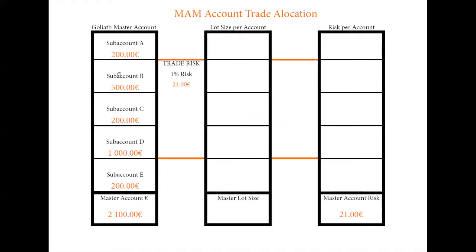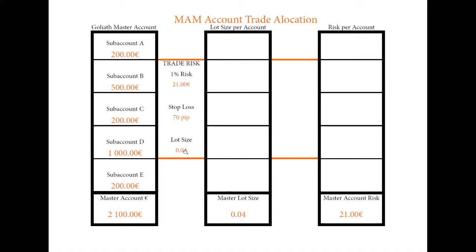Example B, let's say we have the same accounts, we're risking 1%, 21 euros, but we put the stop at 70 pips. So now the position size is 0.04 and not 0.05. We have 5 accounts.